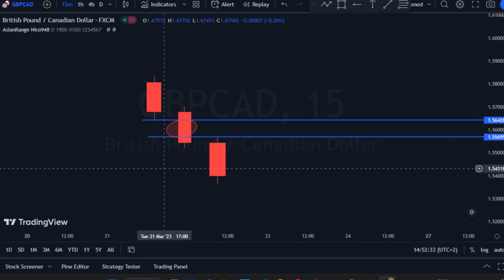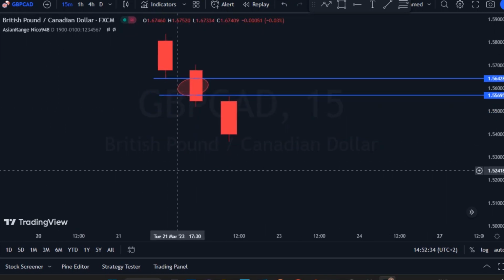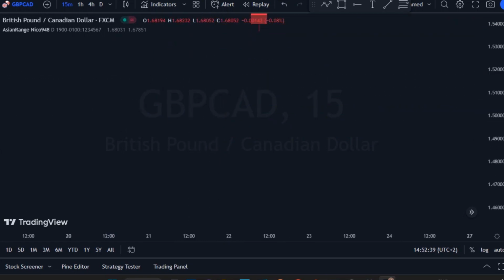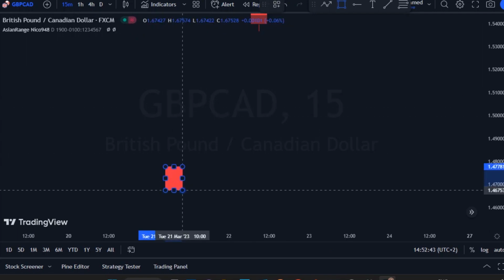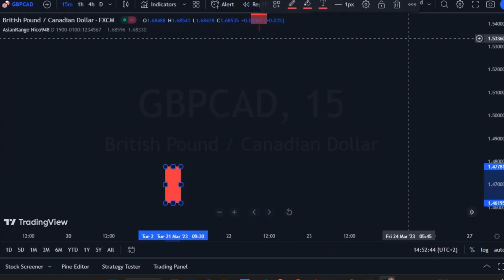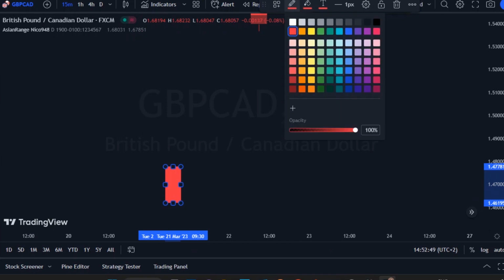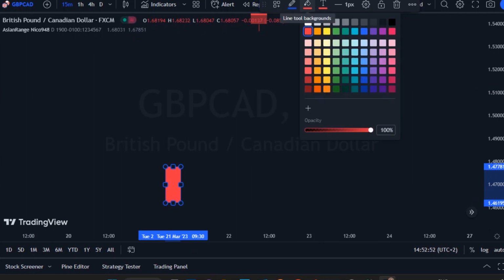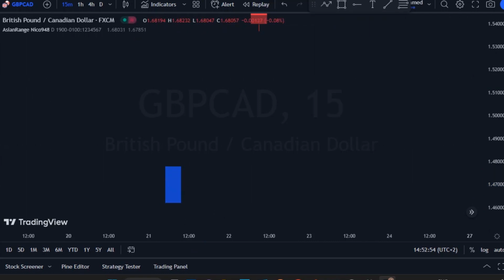And the same thing happens when we are in an uptrend. So when we are in an uptrend, it's like this. The first candle will be here. Let me just change the color to blue. That's the first candle.